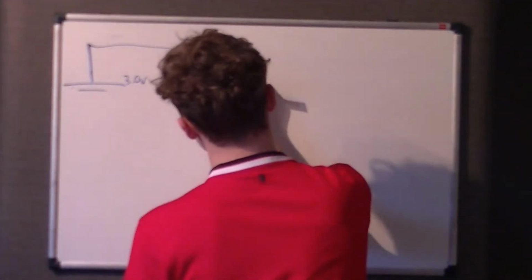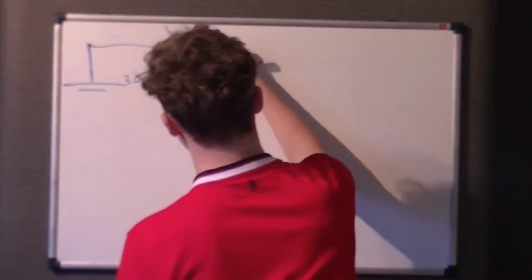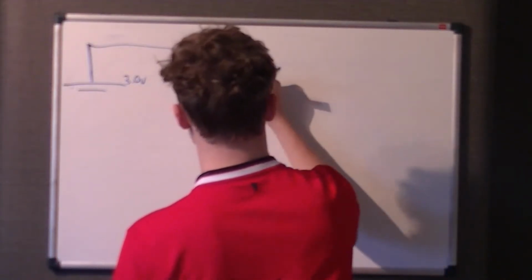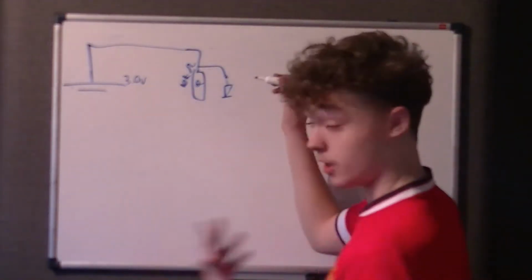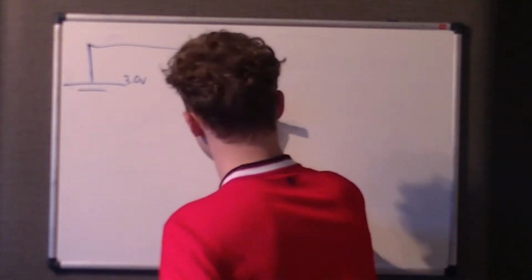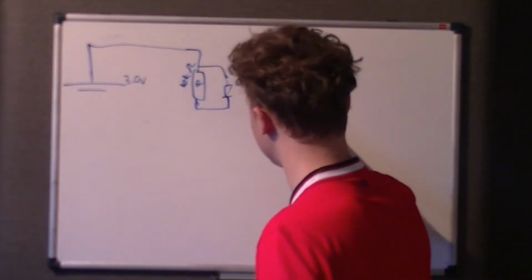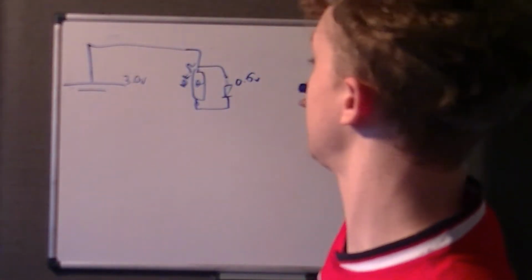So then we've got a resistor. We'll call this Q, and it tells us that's 10 kilo ohms. And we've got a forward facing diode. As we know, current can go through here, so it's going to have a potential difference of 0.6 volts.